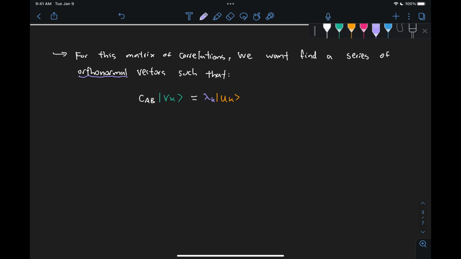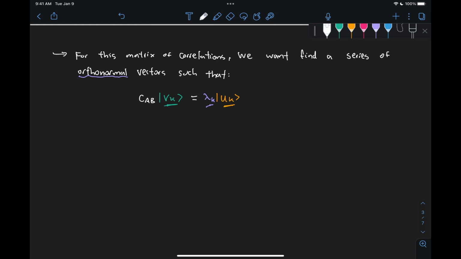And this is exactly what we would need to represent our state in its Schmidt decomposition, right? A series of orthonormal vectors in the space of subsystem B, orthonormal vectors in the space of subsystem A, and then some factors lambda sub k.